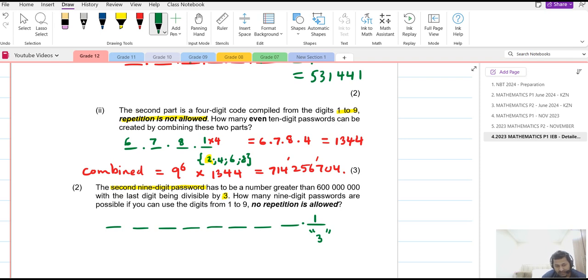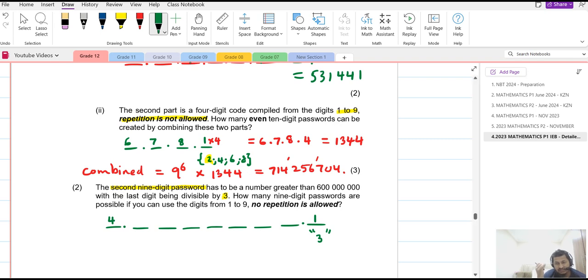I used up one of the numbers here, right? But for a special case of 3, ending with 3, this is ending with 3, alright? So I can use numbers 6, 7, 8, 9. So I've got 4 options there.